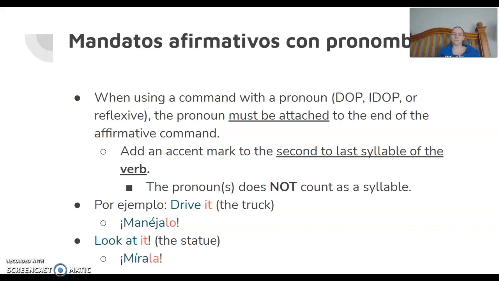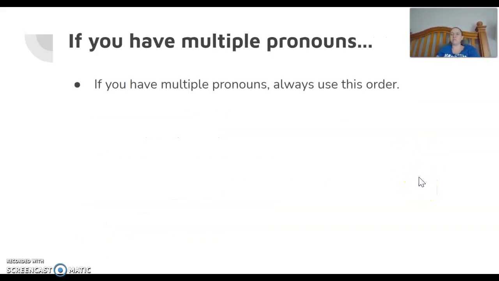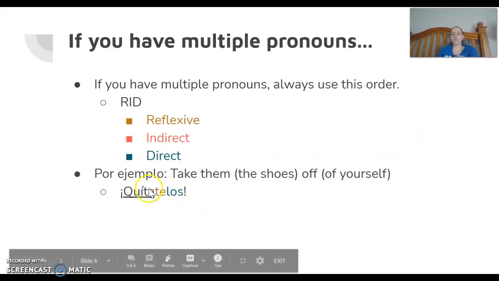Okay, if you have multiple pronouns, not going to do this very often, maybe extra credit here and there, you're going to use the order RID: reflexive, indirect, direct. So take them off, if it's the shoes off of yourself, quítatelos. Quitar, to remove. Te is your reflexive, so take the shoes off of yourself. Los, your shoes.